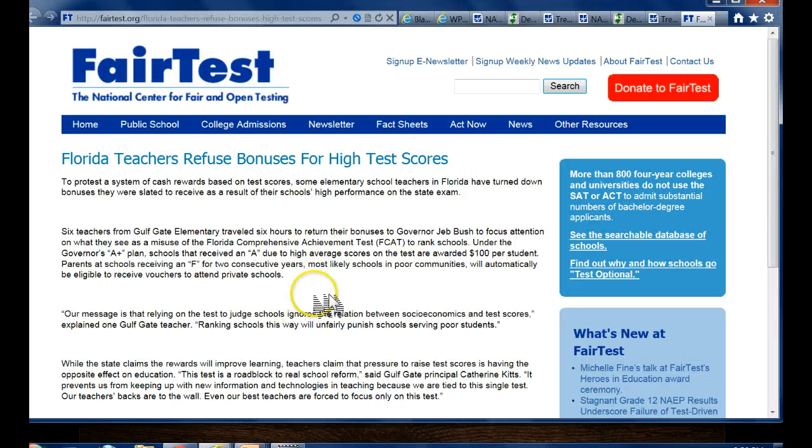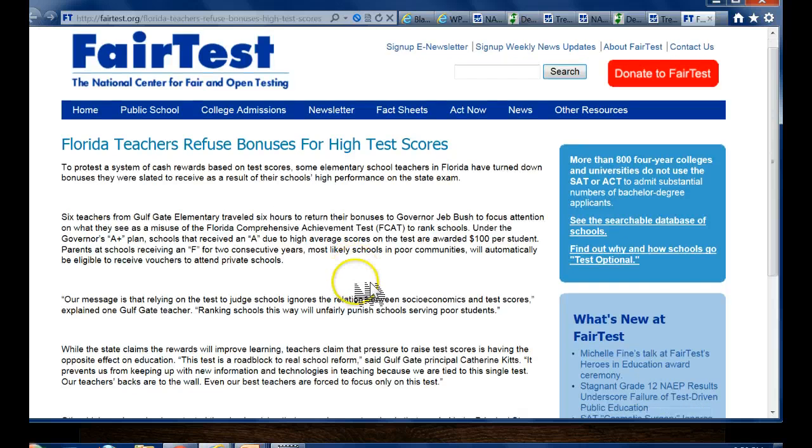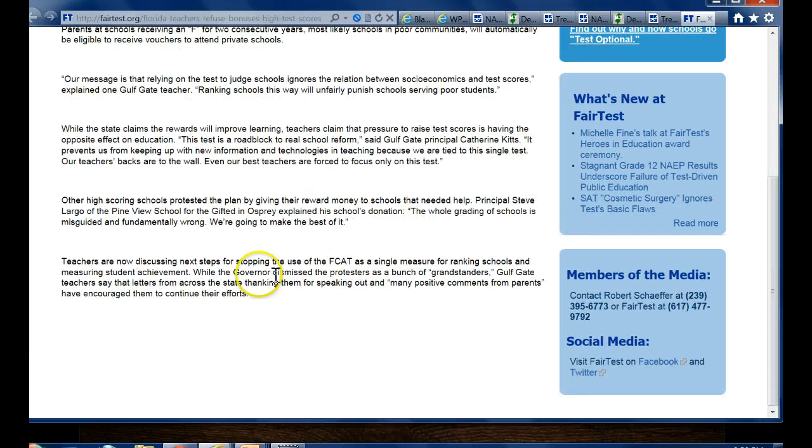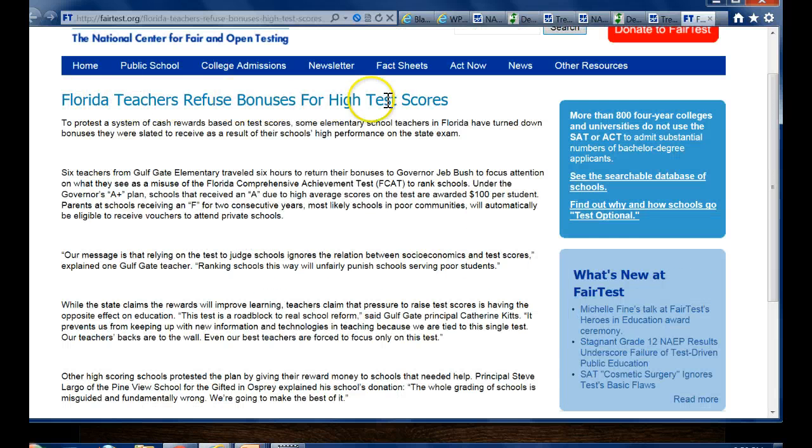Some states and school districts give cash advances to people who are able to raise their scores. These teachers in Florida refused to take the money that they would have gotten because their students' scores went up, because they felt that it wasn't fair to everybody. At the time, Governor Bush was in office, and that's the way it went.